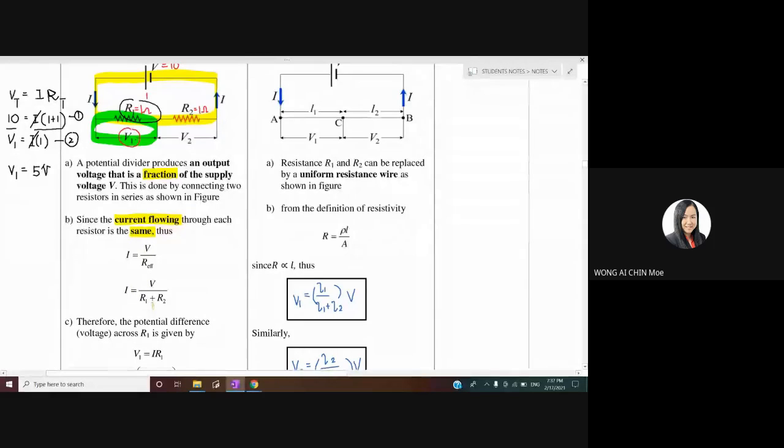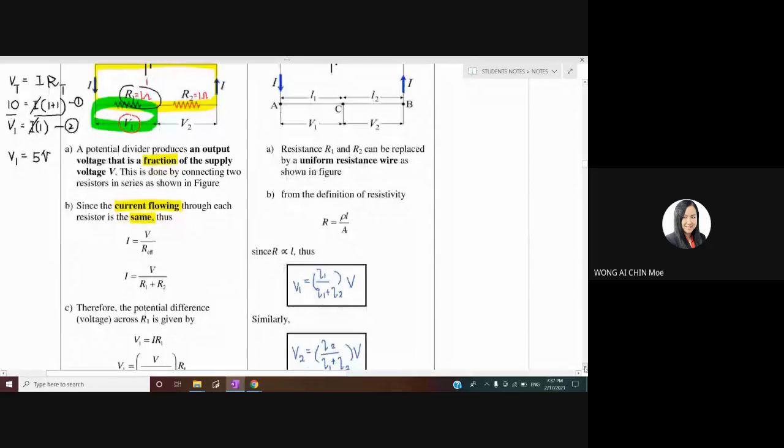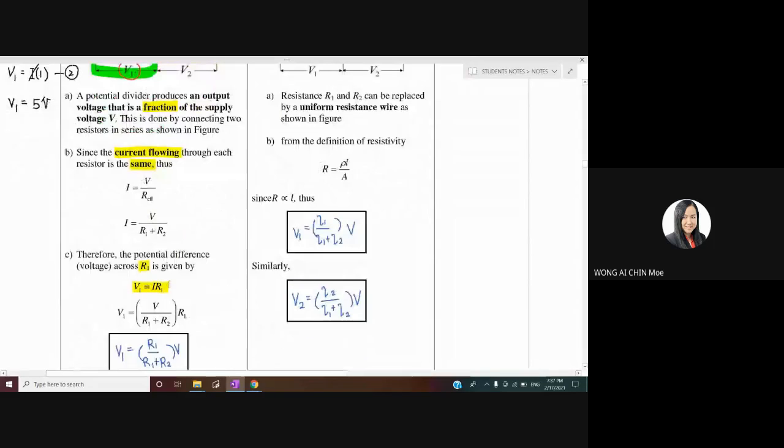If you want to find the potential difference across R1, meaning V1, you substitute this I value, and you will find that V1 equals V over (R1 plus R2), which is R total, times R1.